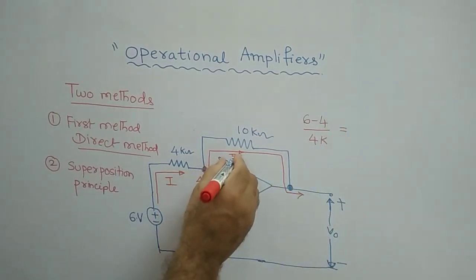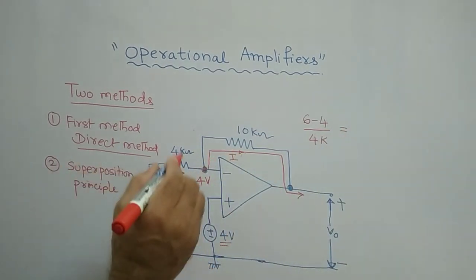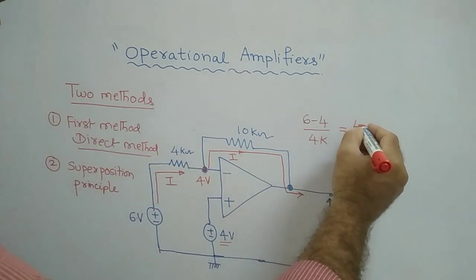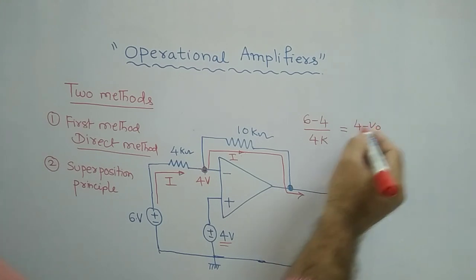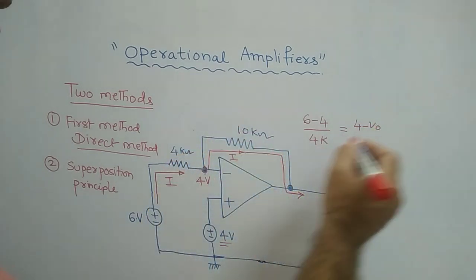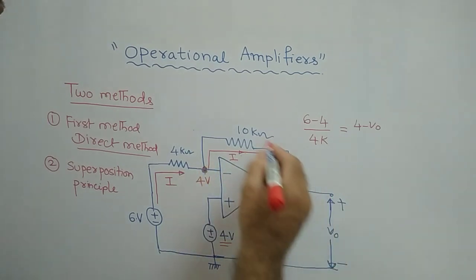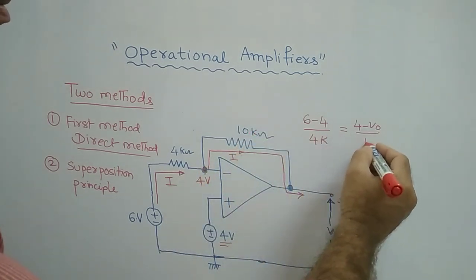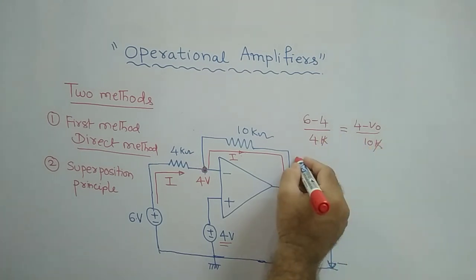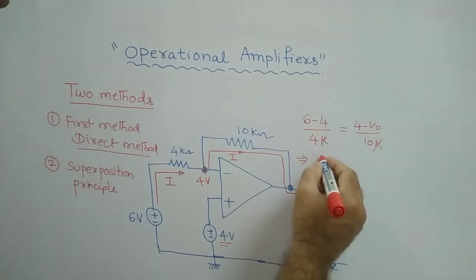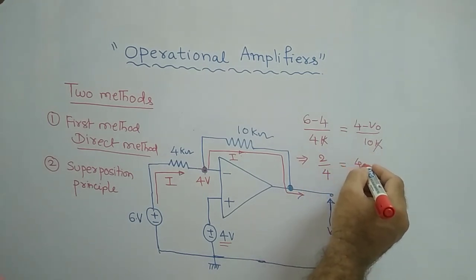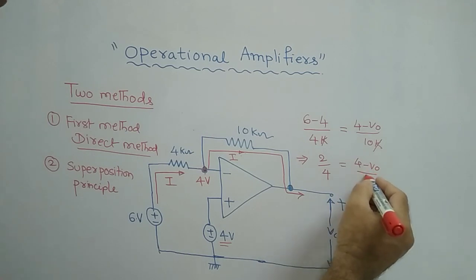What is the leaving current expression? It is (4 minus V naught) by 10 kilo ohm. The K gets cancelled. So 6 minus 4 is 2, and 2 by 4 is equal to (4 minus V naught) by 10.